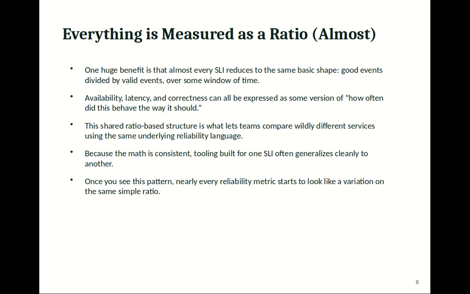This shared ratio based structure is what lets teams compare wildly different services using the same underlying reliability language. Because the math is consistent, tooling built for one SLI often generalizes cleanly to another. Once you see this pattern, nearly every reliability metric starts to look like a variation on the same simple ratio.